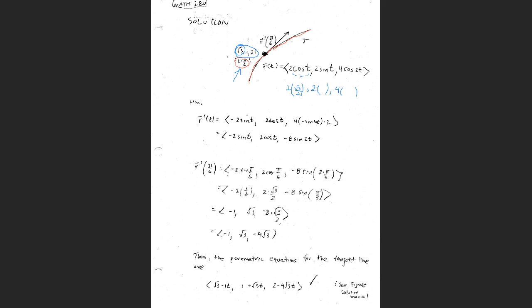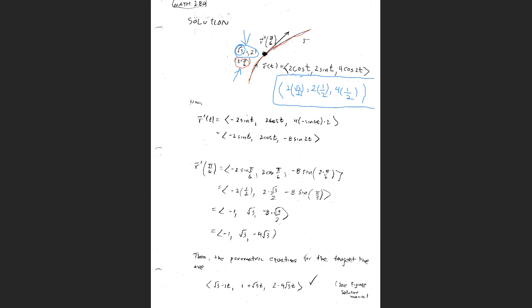This is sort of an aside, but it's important. What I'm talking about is this coordinate here, (√3, 1, 2). 2 times root 3 over 2 is root 3. 2 times what number equals 1? 2 times a half equals 1. And then 4 times what number equals 2? 4 times a half.